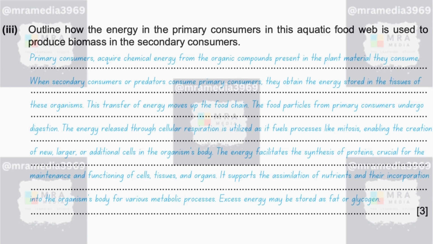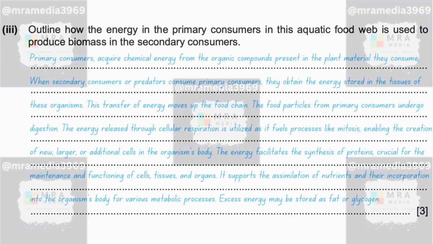The food particles from primary consumers undergo digestion in the digestive system of secondary consumers or predators. This process breaks down complex molecules into simpler ones, such as glucose, making energy available for cellular respiration. The energy released through cellular respiration is utilized for various purposes. It fuels processes like mitosis, enabling the creation of new, larger, or additional cells in the organism's body.